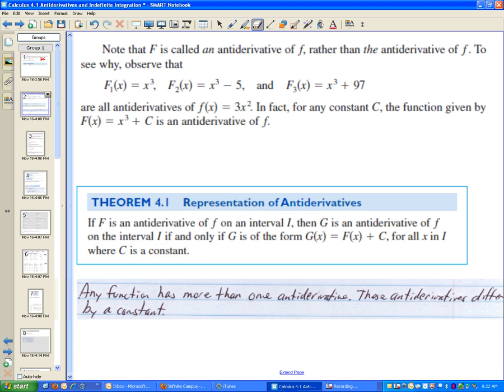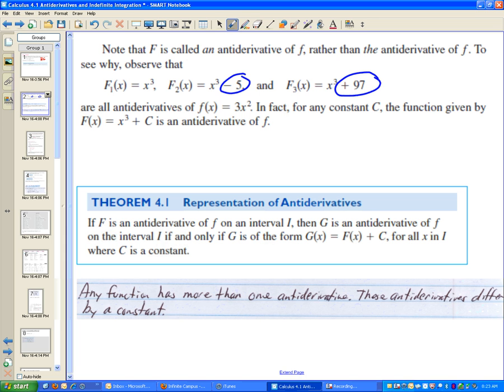Okay? So once you find an antiderivative, you can find as many antiderivatives as you want simply by adding a different constant at the end. That's what they did here, isn't it?